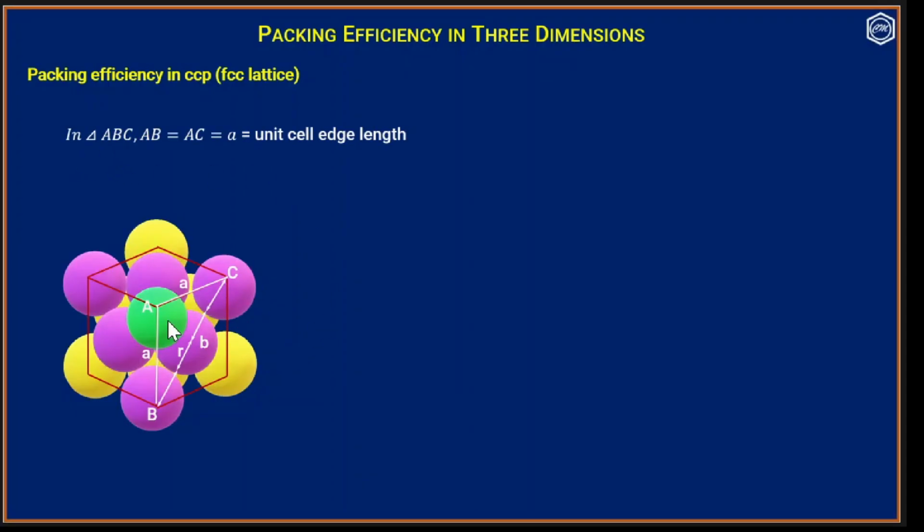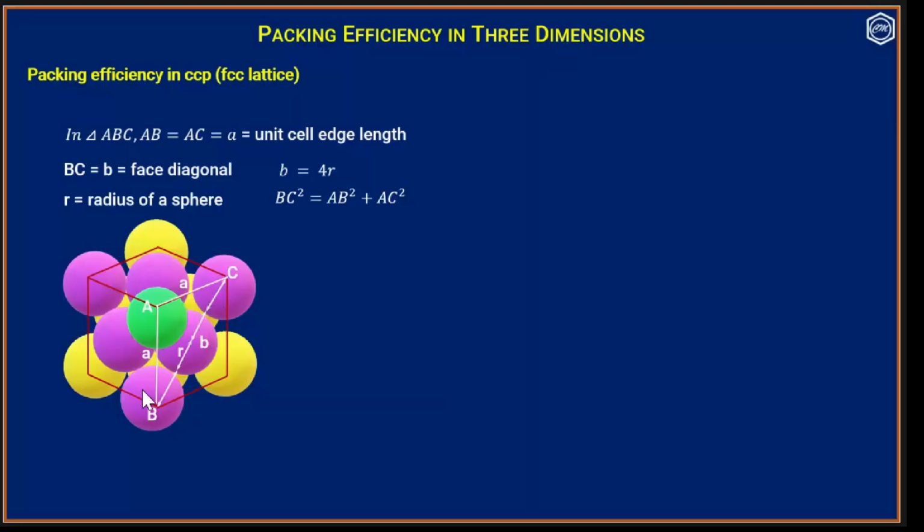In triangle ABC, AB is equal to AC. a is the unit cell edge length, and BC, that is b, is the face diagonal. Now we take r as the radius of the sphere, and now b is equal to 4r.